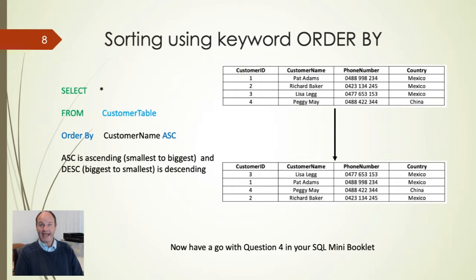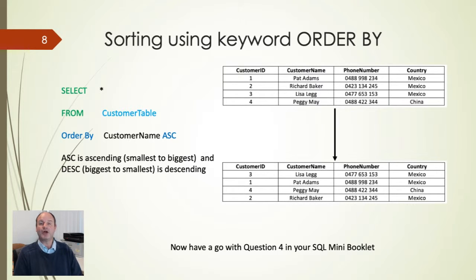So we have select asterisk from customer table, order by customer name, ASC. ASC is ascending, that's smallest to biggest, and DESC is from biggest to smallest, and that is descending.